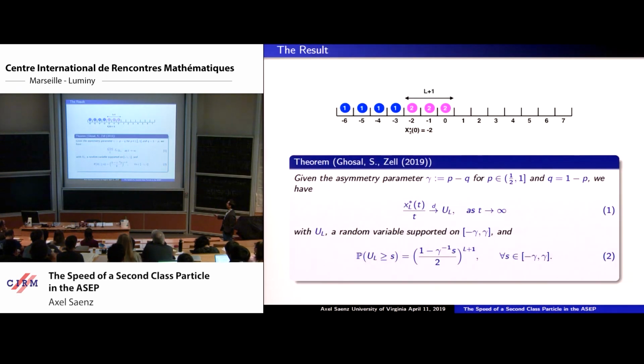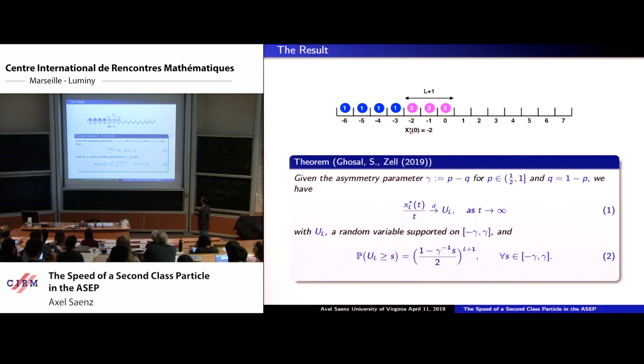And it turns out that we can actually say what the distribution in large time is going to be. In this setup, we're going to have L plus 1 particles, since we start at 0. And this x star sub L is going to be the location of the particle at the very end.